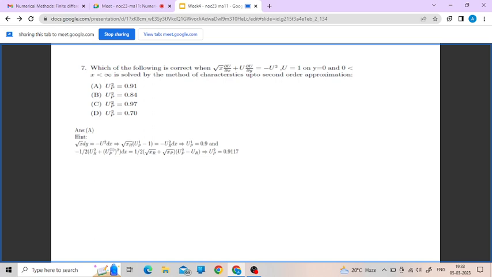Then again, for a one-dimensional hyperbolic equation using Lax-Wendroff's method, we found the value of iteration u12. Then we found the explicit scheme of a hyperbolic equation where a boundary value condition was given.